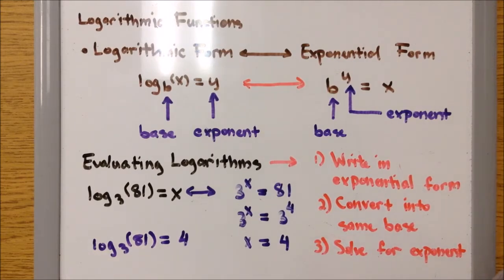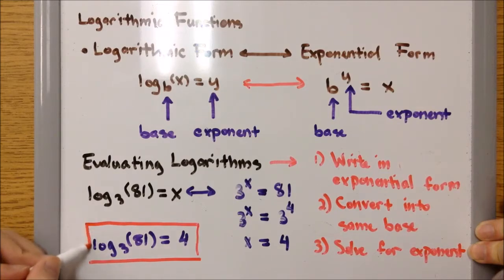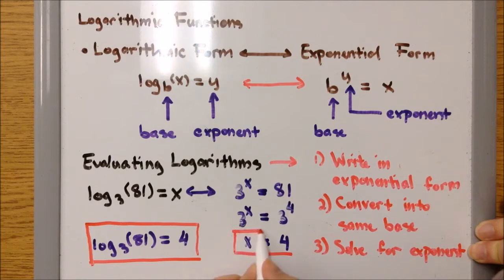That's all we have to do. You can rewrite this to get used to log form, but when you're evaluating logs, this right here is good enough. But you must specify that the exponent equals the number.